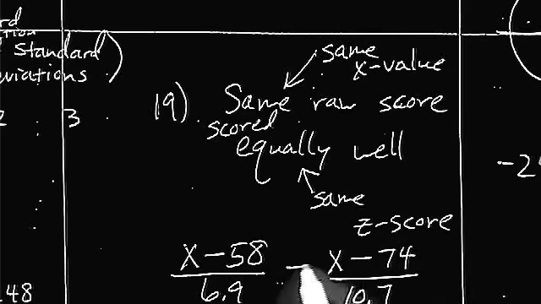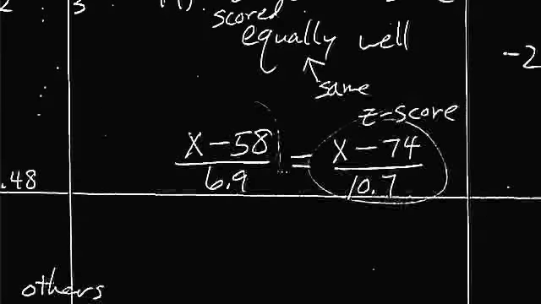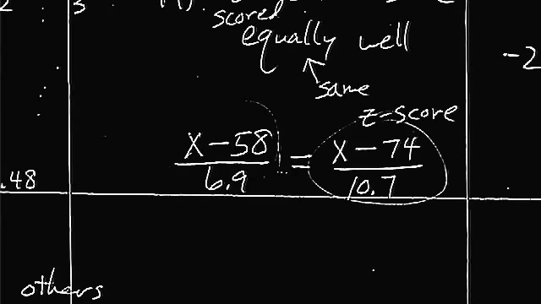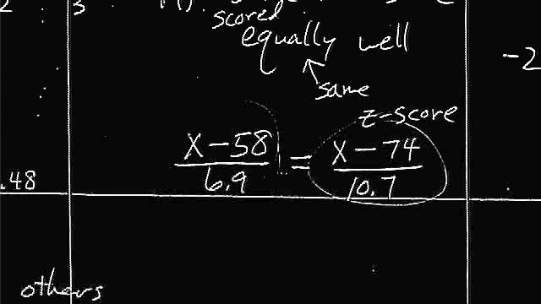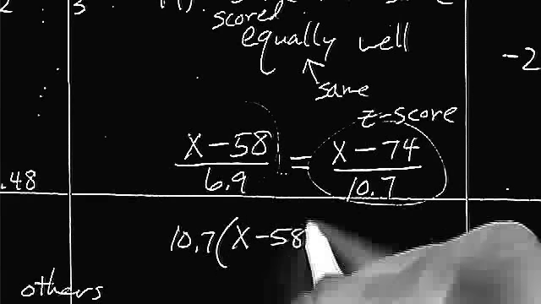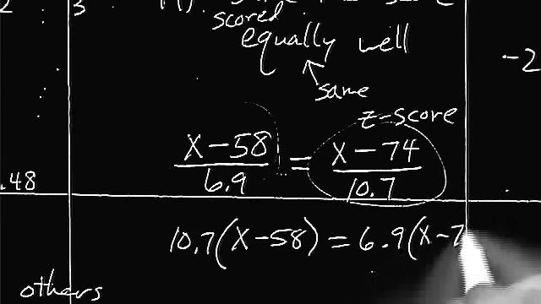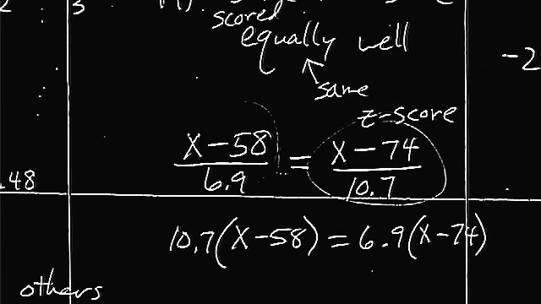But same z-score means that this z-score over here equals this z-score over there. So how do you solve a proportion? You better cross multiply. I will let you figure out what the rest of that one is.